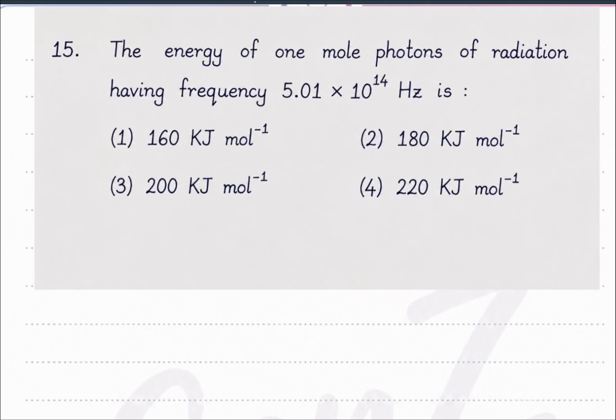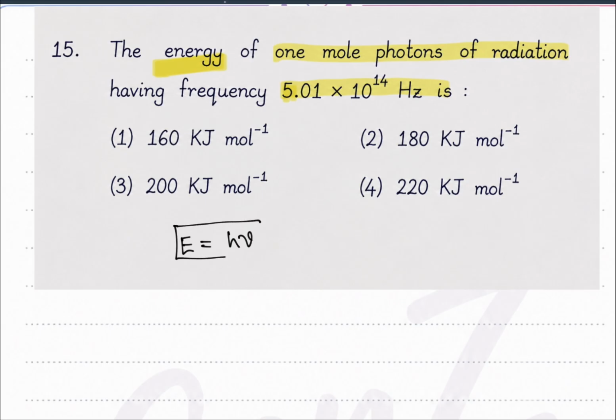Next question. The energy of 1 mole of photons of radiation having frequency 5.01 into 10 power 14 hertz, and asking what the energy is. Let us see. We have the formula E equals h nu.